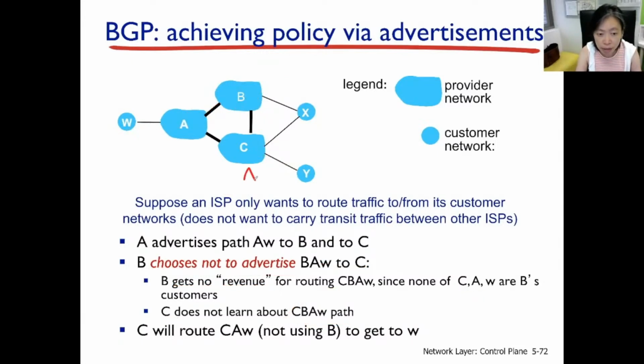Instead, C receiving AW is going to prepend itself, CAW, and Y is going to use CAW as a way to send traffic to the user in W.